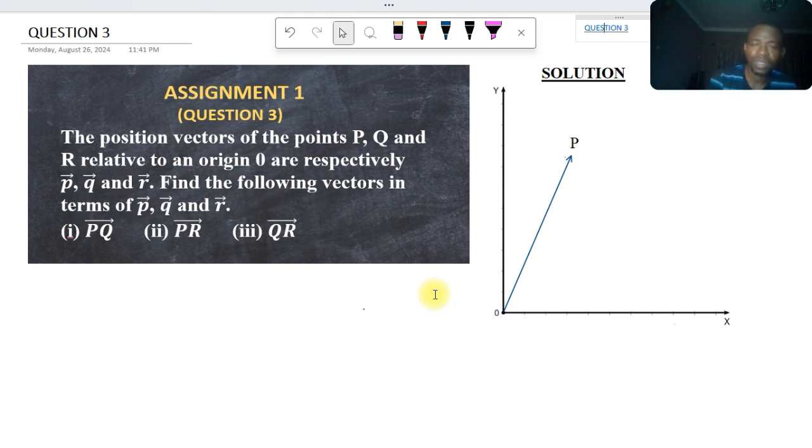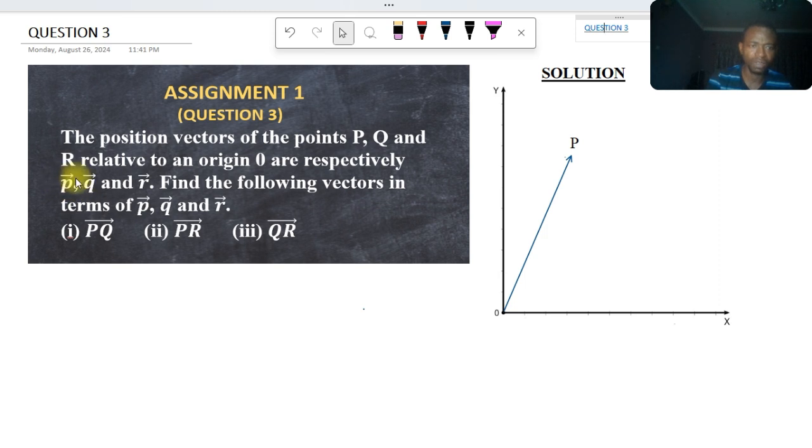So as you can see, this point P runs from the origin and ends at this spot. You can see the line that I drew from here, and it terminates at this point P. So this blue line represents a given vector, that's vector P, small letter P that you are seeing here.